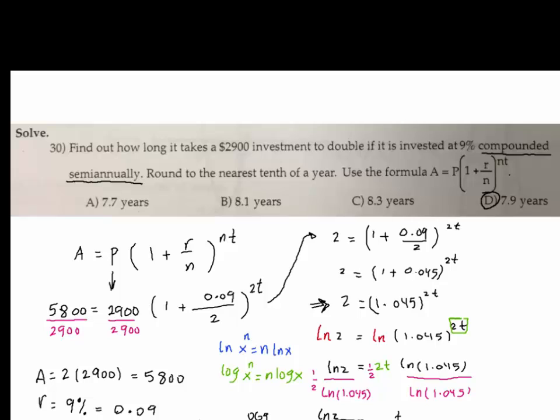You need to take a natural log of both sides because of these two properties. So you take a natural log of both sides, then you can move this 2t right in front, and then isolate t. And the rest is just cranking this number in your calculator to get the right number.